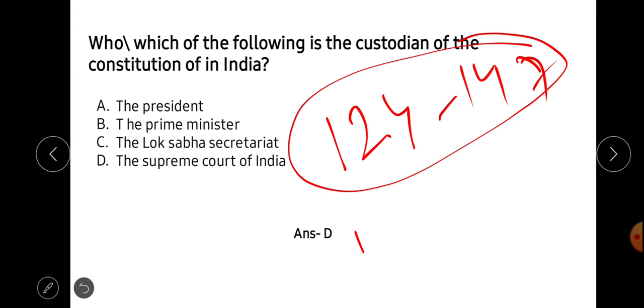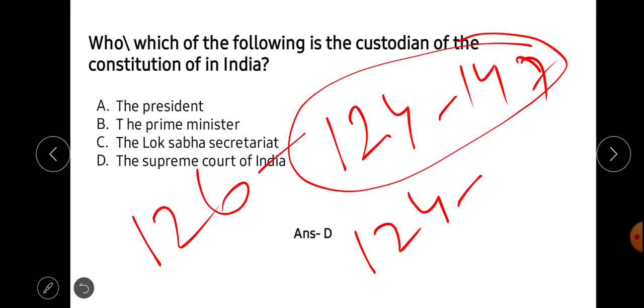For example, in article 124 it was said that there should be a Supreme Court in India, that is, the establishment or constitution of the Supreme Court of India. Article 126 is related to the appointment of the chief justices in the Supreme Court of India.